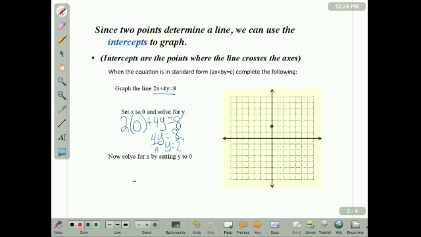Now I'm going to do the same thing and solve for x by setting y to 0. I'm going to replace my y with 0, and I'm going to solve for x. This eliminates 4 times 0, and we're left with 2x is equal to 8, or x is equal to 4. When my y is 0, my x is 4.